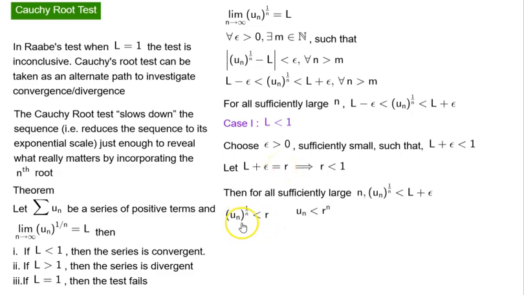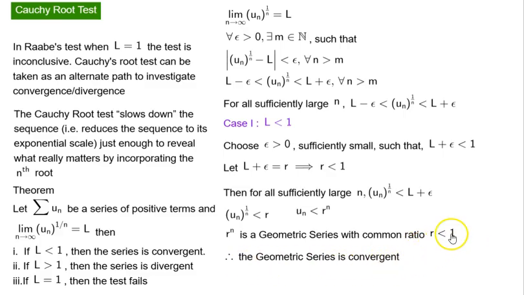Now let's take the power of n on both sides. The nth root gets cancelled with the nth power. And we have u sub n is less than R to the power of n. Now, do you recognize R to the power of n? R to the power of n is a geometric series with common ratio R less than 1.